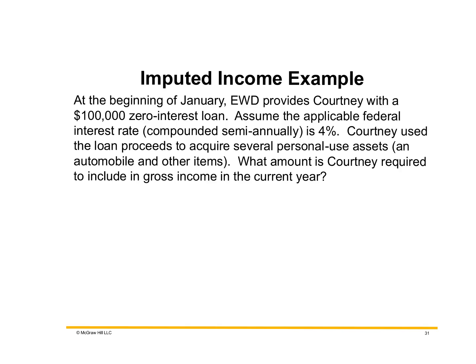So, what we mentioned a couple of slides ago was that for low interest loans, the amount of imputed income is the difference between the amount of interest using the applicable federal interest rate and the amount of interest the taxpayer actually pays. I'm going to write that out real quick so we have it handy.